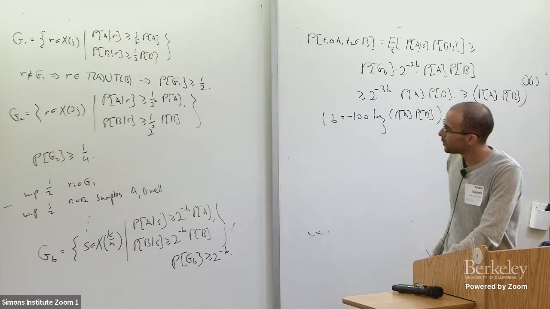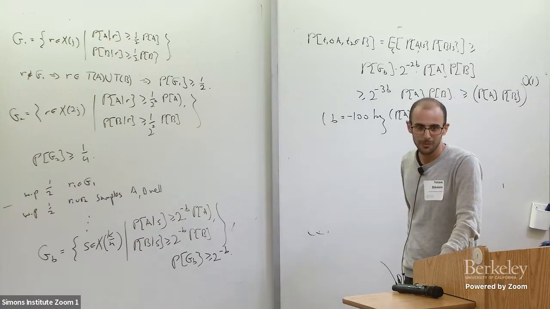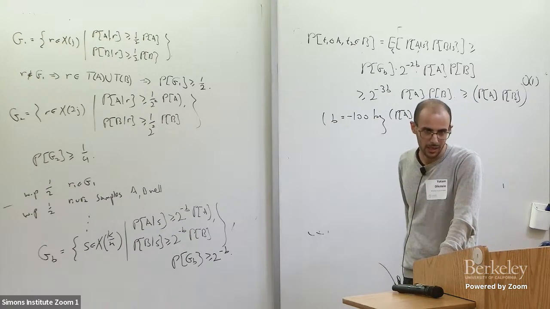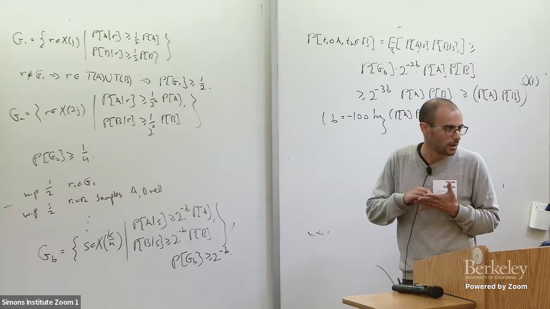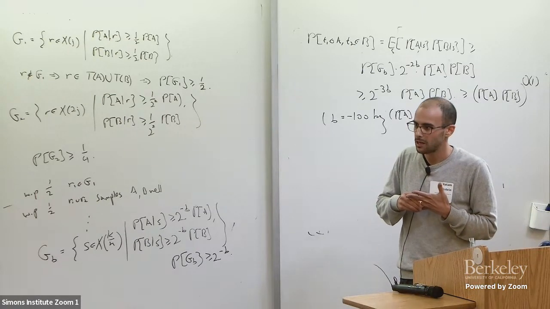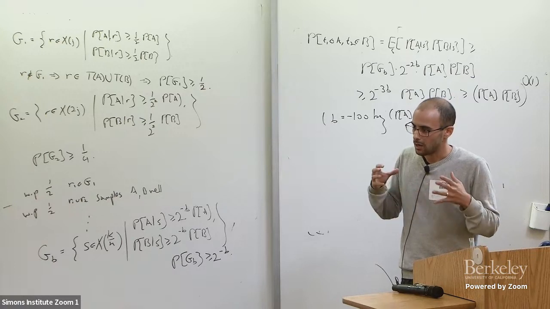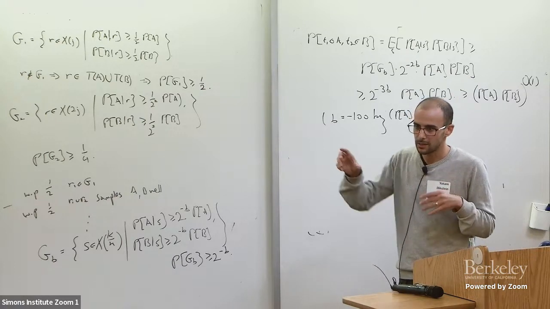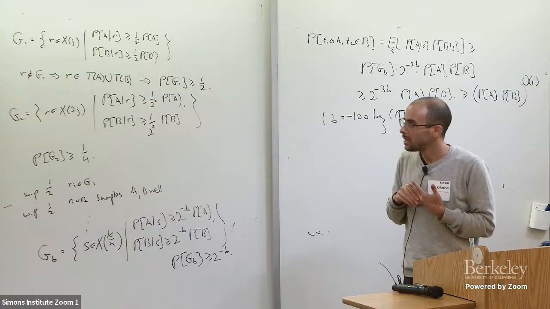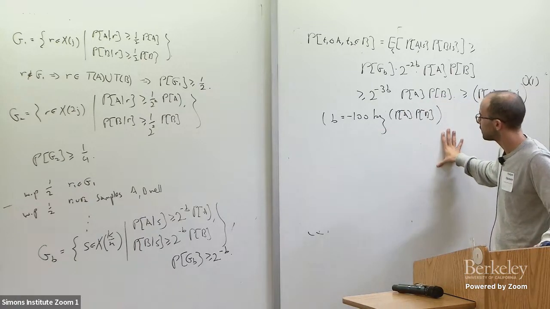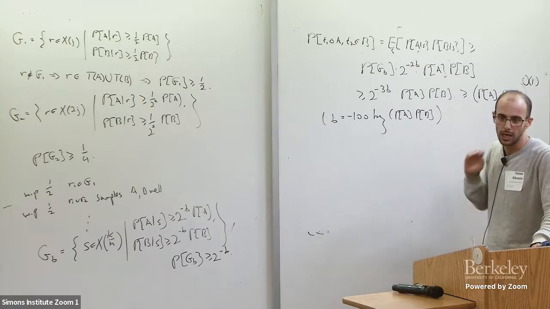Another thing that I view as somewhat a caveat in this work, which is also a caveat in a lot of works in high dimensional expanders, is that this is really requiring a lot. High dimensional expanders are very rare objects. You can't just sample one from a natural random distribution. And here, not only do you need a high dimensional expander, you need an extremely good high dimensional expander.